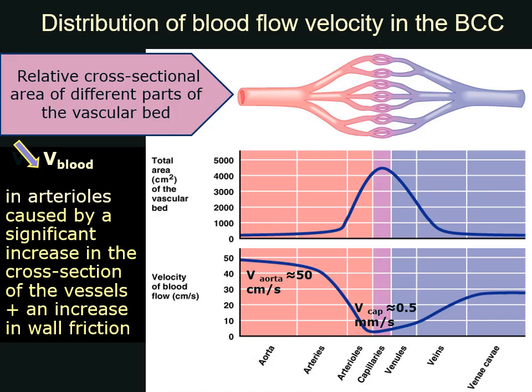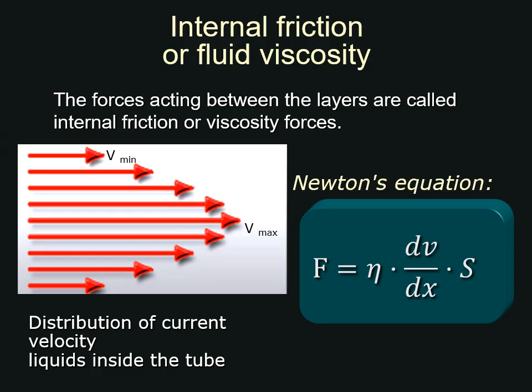That is, more and more liquid has to interact with fixed vessel walls. Naturally, kinetic energy is spent on this, and due to this, the speed is also reduced. This is how the conditions of continuity of the hemodynamic jet, or the conditions of continuity of the flow, are fulfilled.